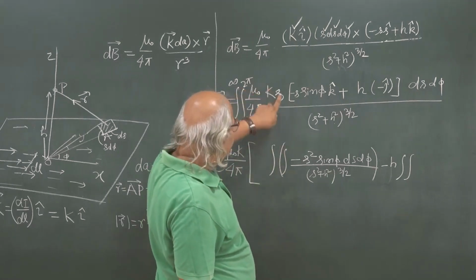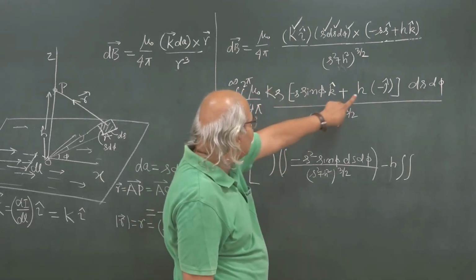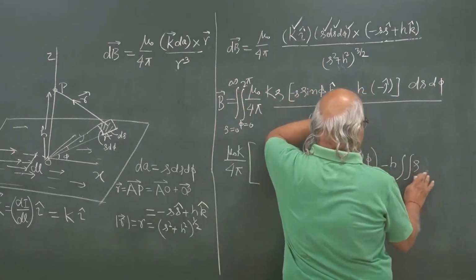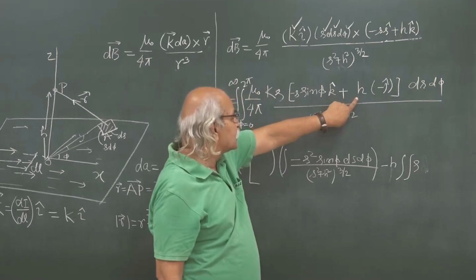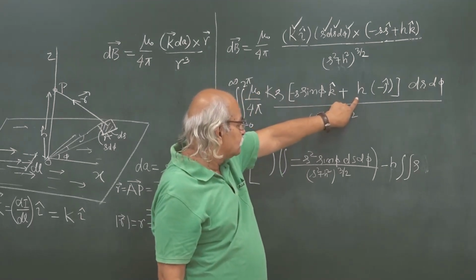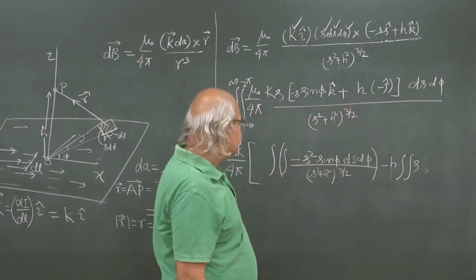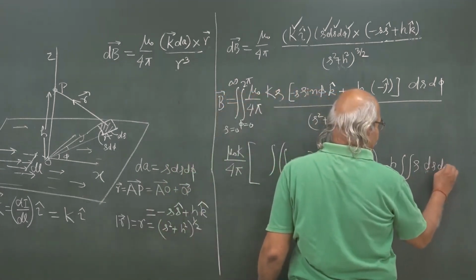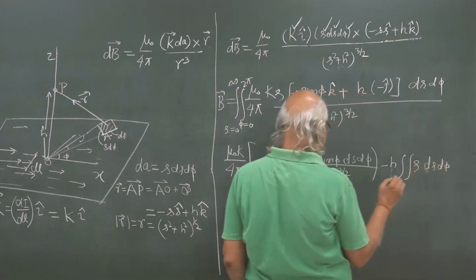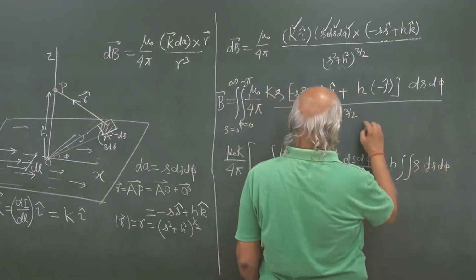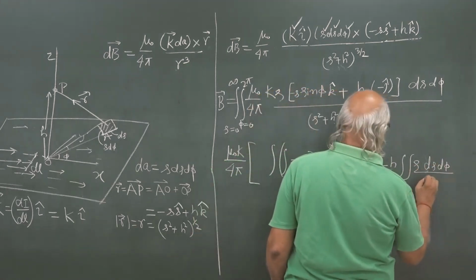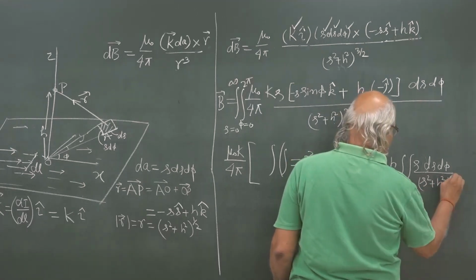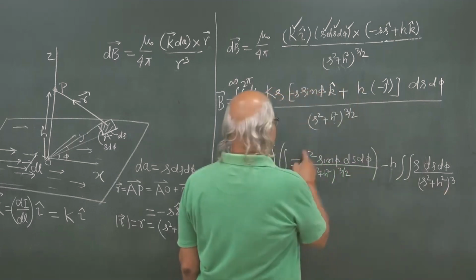This k had been taken, but this s is there. So, s into h, h is written here, s into h, and then you have ds d phi, proper integration limits, divided by s square plus h square to the power 3 by 2, and proper unit vectors.